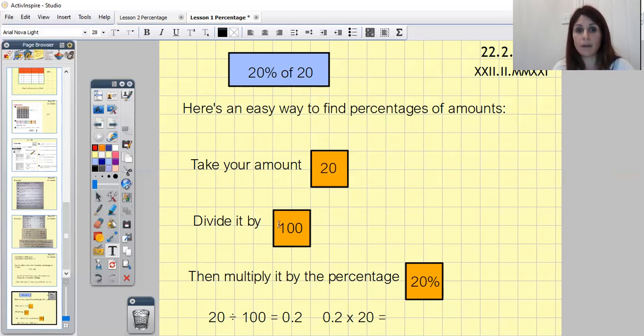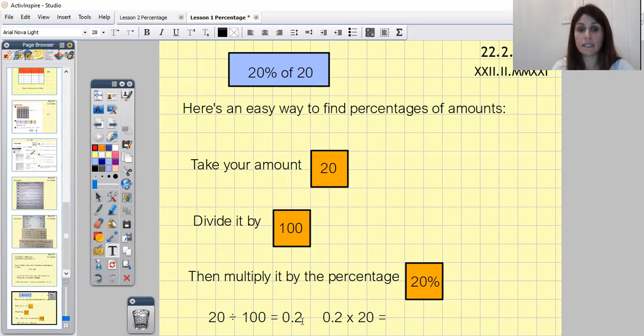We divide it by 100. Now just pause and think why we might divide it by 100. Yeah, you're right. We're dividing by 100 so we can find 1%. So if I divide it by 100, I'm going to get 1%. So if you see down here, I've done 20 divided by 100 equals 0.2. So 0.2 is 1% of 20.